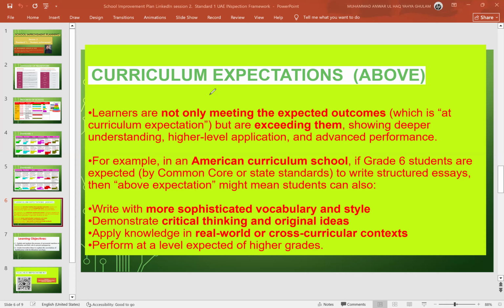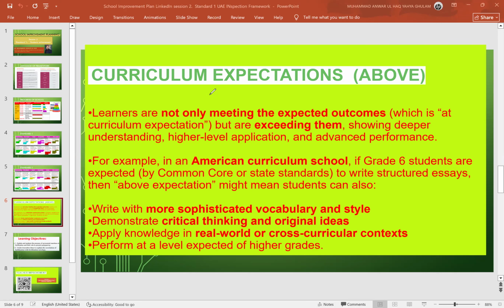Example: since I belong to an American curriculum school, in American curriculum school, if a grade 6 student is expected by the CCSS, Common Core standard that we normally use, or for science NGSS, to write a structured essay, then above expectation might mean, there are different scenarios, writing with more sophisticated vocabulary and style, demonstrating critical thinking and original ideas, applying knowledge in the real world, and performing at the level expected of higher grades.